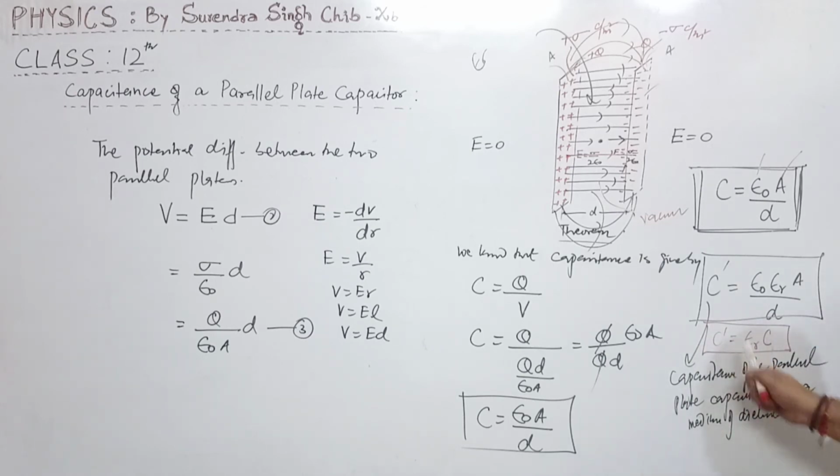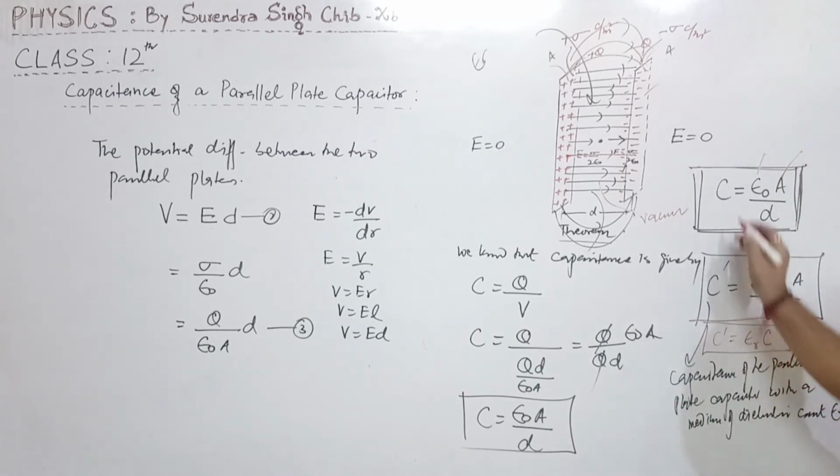So C dash increases. Now there are different ways to increase the capacitance. How can the capacitance be increased? From this formula, the capacitance is directly proportional to area and inversely proportional to distance.